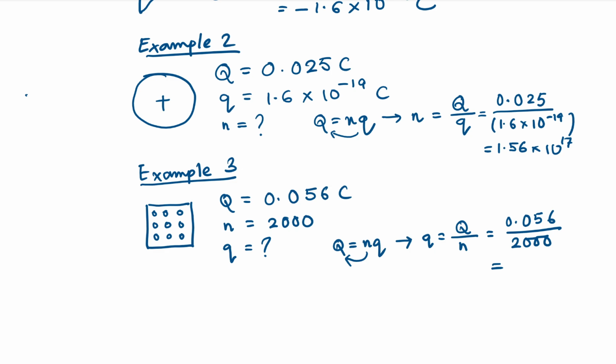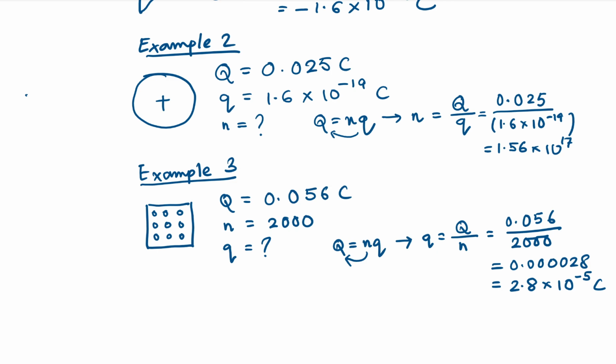And if I do the calculation, 0.056 divided by 2000, I get 0.000028, or I can write it in scientific notation, which is 2.8 times 10 to the power of negative 5 coulombs.